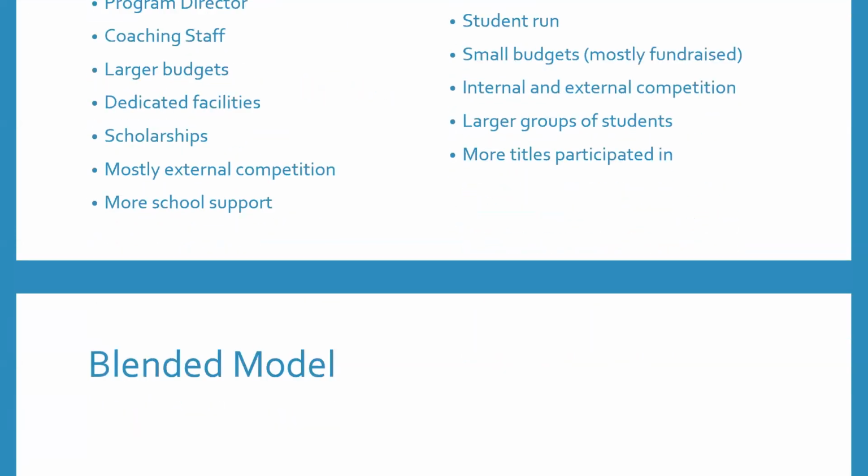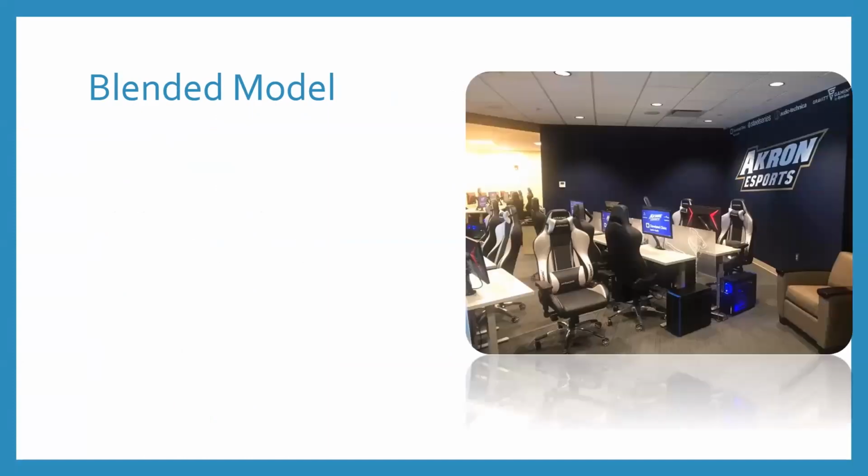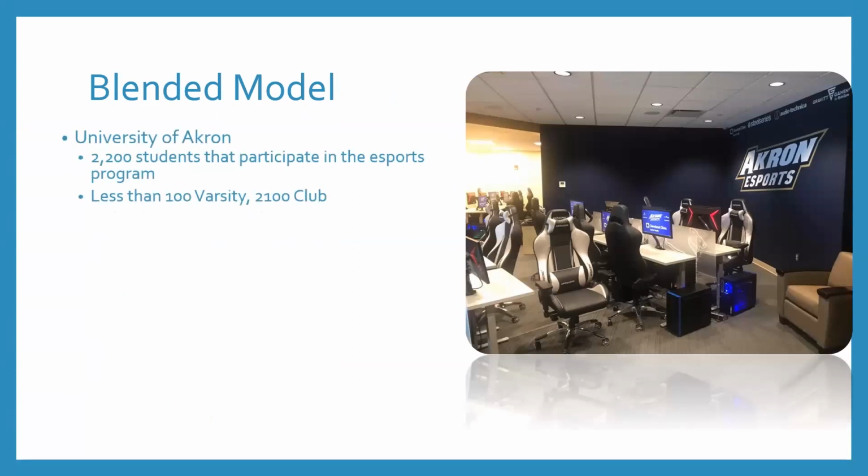And I think more than anything, we're seeing a blended model between the two really becoming the norm here. So I'm going to use University of Akron as an example. They're one of ByteSpeed and Gravity Gaming's biggest relationships at the collegiate level. They have 2,200 students a part of their esports program.